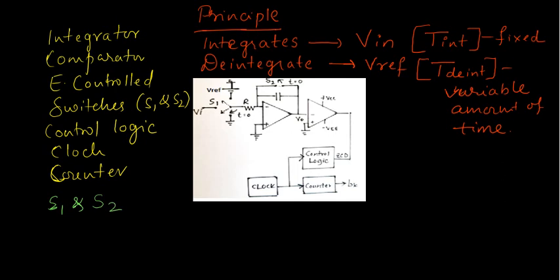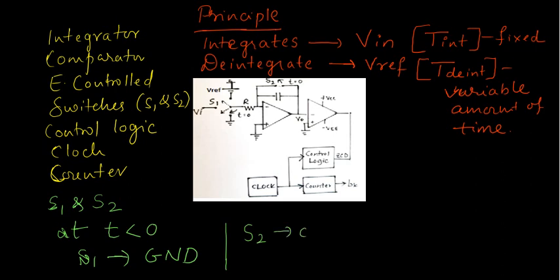At any point t less than 0, that is a time before the actual conversion begins, when the conversion of analog value into its digital equivalent has not yet begun, your S1, as you can see here, is connected to ground, and S2 is closed. You can see in the diagram.